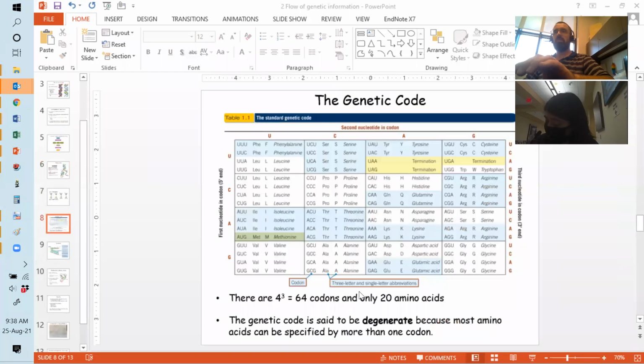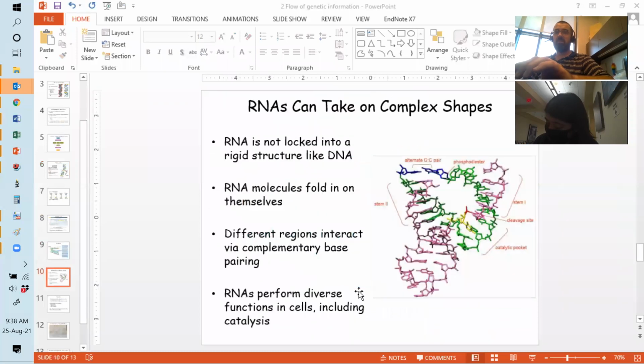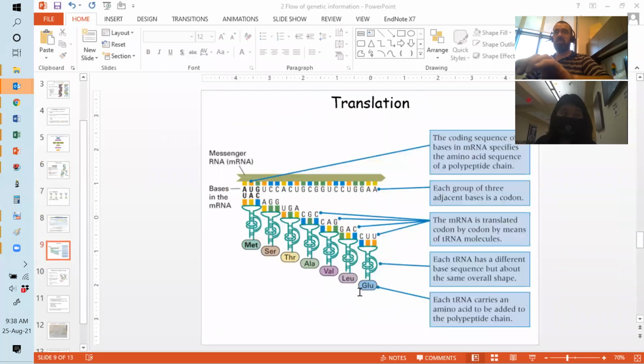And that we've already covered. And so basically this mRNA sequence is probably best put here. It consists of words, right? So the mRNA obviously consists of a series of bases, right?